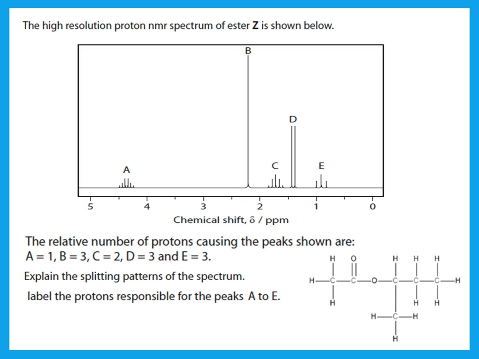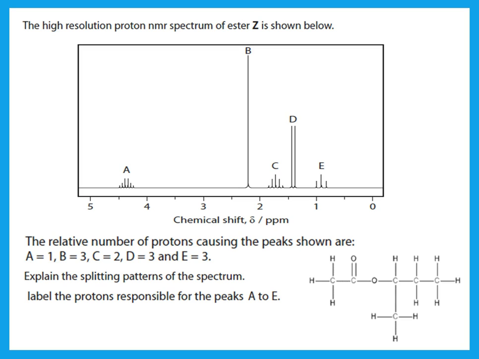This high resolution proton NMR of ester Z is shown. So this is the structure of ester Z, and he's saying we have different peaks. Now explain the splitting and label which protons are responsible for each peak. Okay, so let us take a look at this. What do we have?